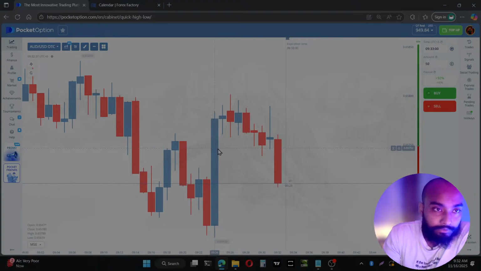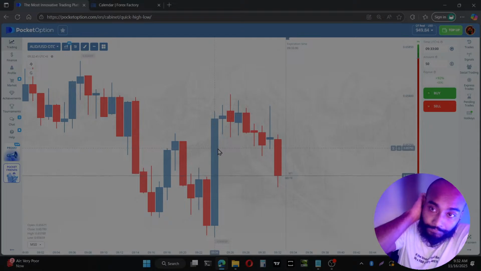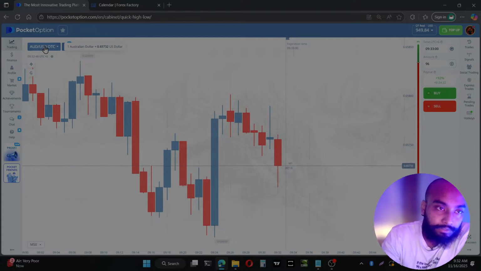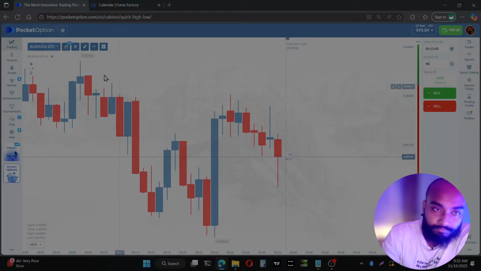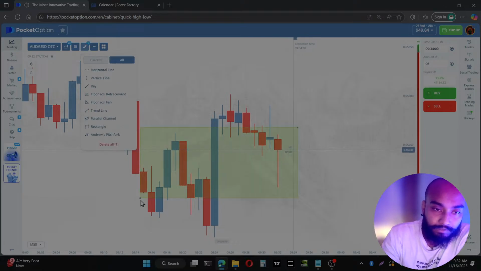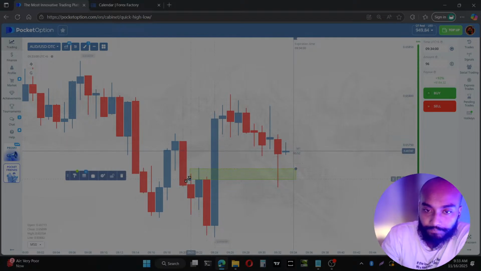I told you about the paints in a previous video, so you need to be aware of these paints. At this point, this is the borderline, or I say the maximum line. So the starting point of this is the whole imbalance, right?